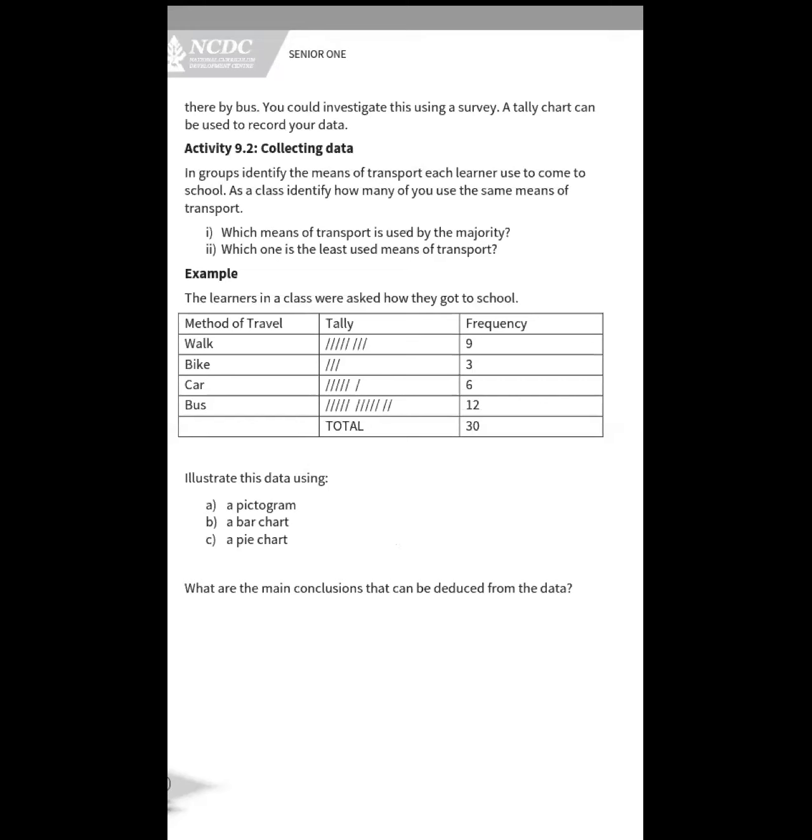Illustrate this data using a, pictograph, b, bar chart, c, pie chart. What are the main conclusions that can be deduced from the data? I can no longer see. Teacher, I can no longer see.